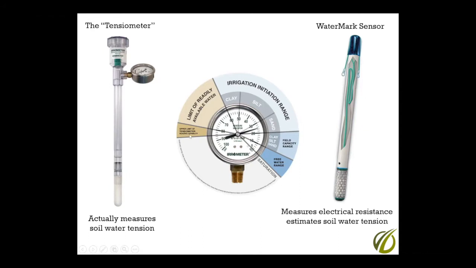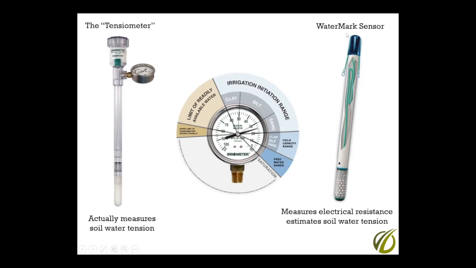So this is just simulating the root. Pretty straightforward. Practically, for making irrigation decisions, this old tensiometer is just not very practical to do at a field, farm, production scale. And that's where these Watermark sensors come in.